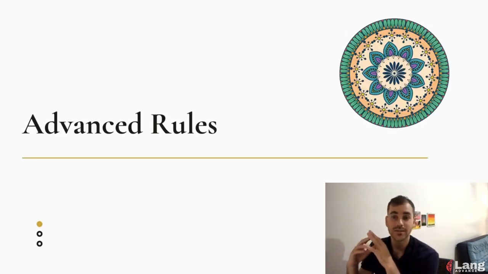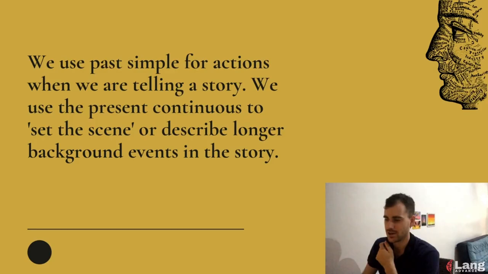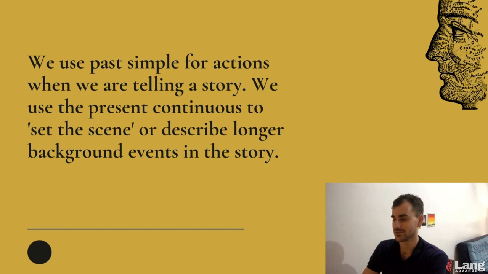We're going to go into some more advanced rules to really get you thinking about unusual and special situations. We use the past simple for actions when we are telling a story. We use the past continuous to set the scene or describe longer background events in the story. So when you're telling a story, often you'll use two tenses, past simple and past continuous.